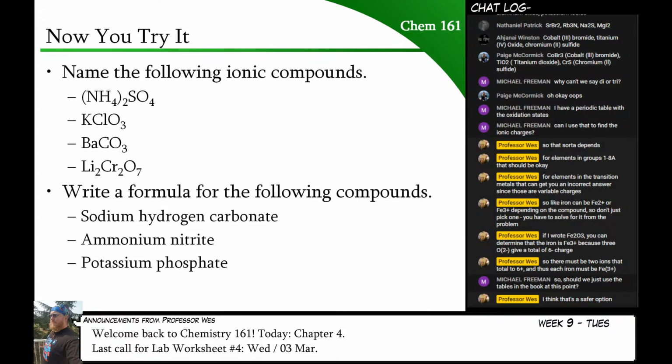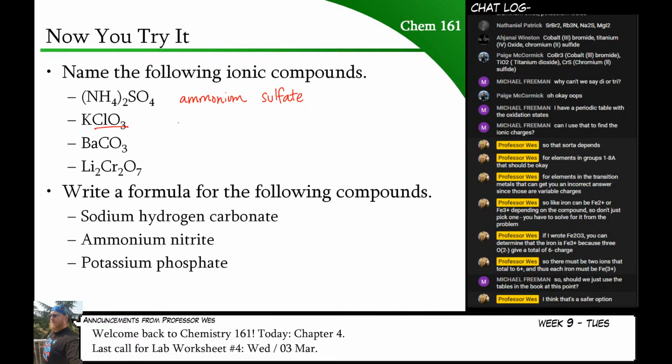All right. So this really is just an exercise of finding the names of these. So I'm going to write down the answers here. So we got ammonium sulfate. Sulfate. There we go.